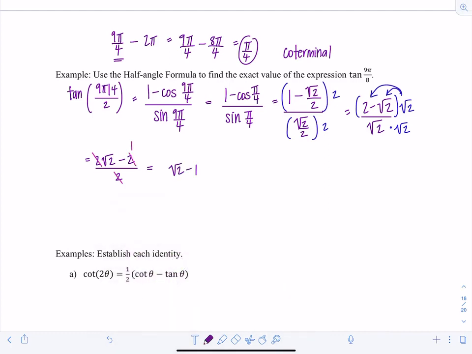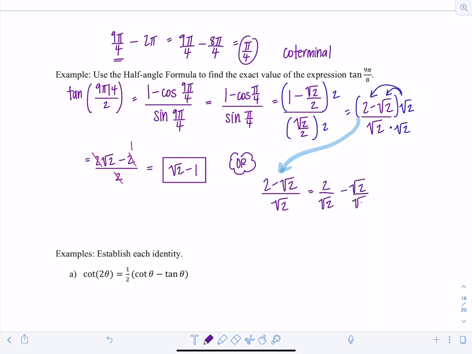Okay. Did anyone notice a faster way we could have gotten there? Let me show you something for fun. At this step right here, when we have 2 minus rad 2 over rad 2, you could split the numerator and just write it as 2 over rad 2 minus rad 2 over rad 2.